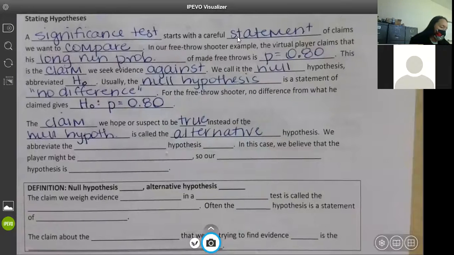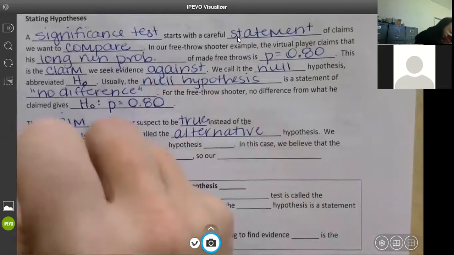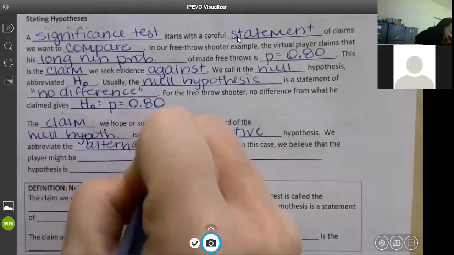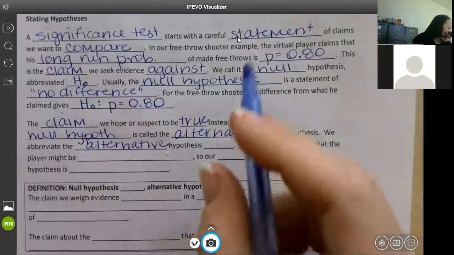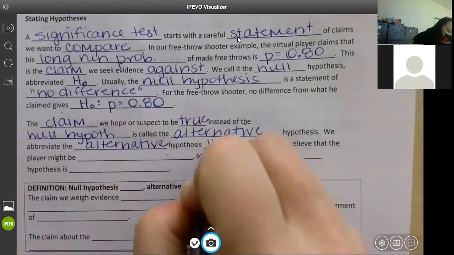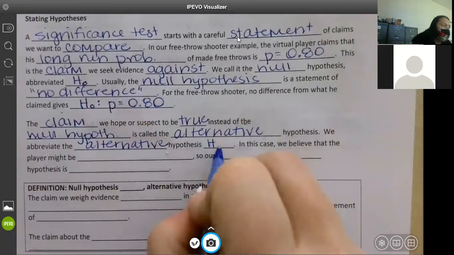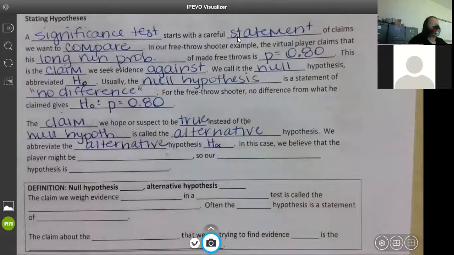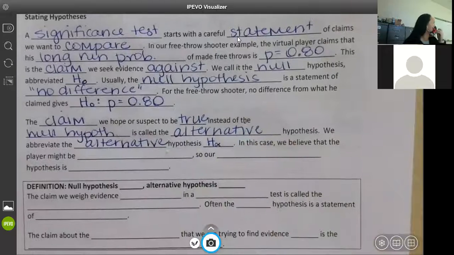We abbreviate the alternative hypothesis H sub A. You might see it as alpha; it doesn't matter which one you put. I like H sub A, so you'll keep seeing that.